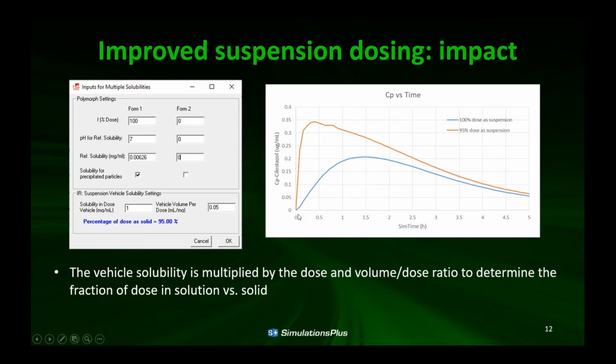For this compound, the orange line shows the simulation where we do consider the 5% as dissolved, and the blue line shows the case where 100% is considered as solid, undissolved form. We could find that even though it is just 5% dissolved, this shows a significant difference in the simulated Cmax and also the Tmax, because this compound has very low solubility.